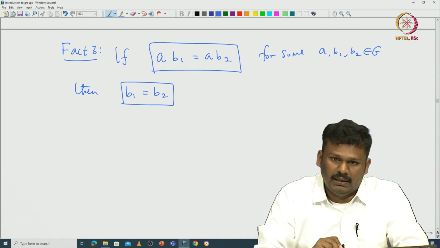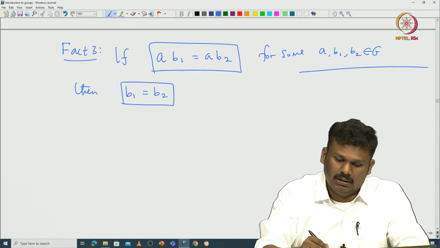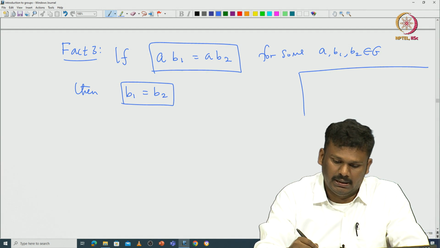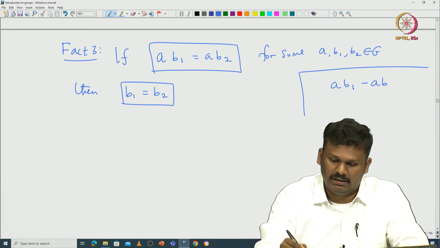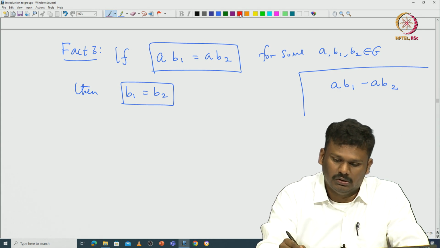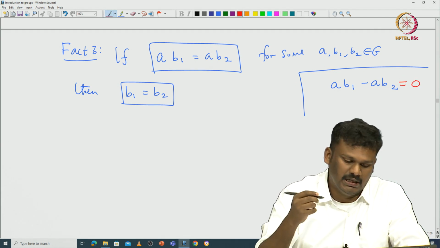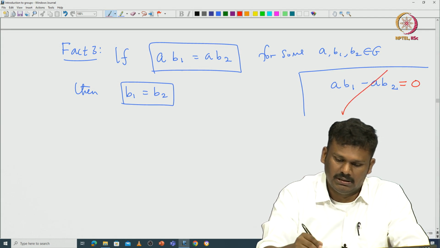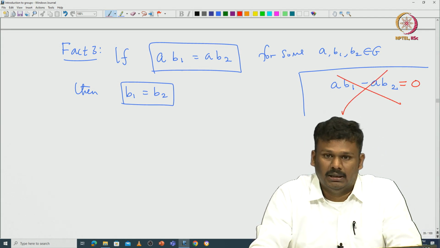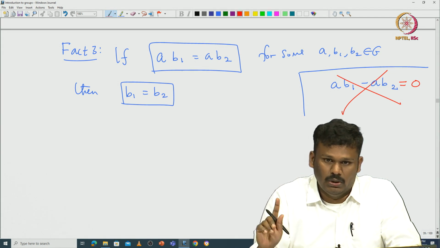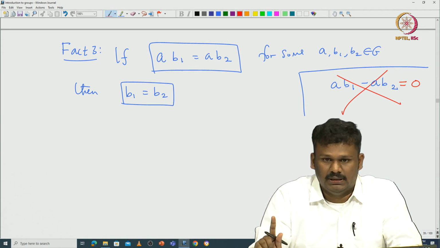So don't do anything crazy like this. You are not allowed to subtract something like this. Okay. So this is not allowed. This is what you do when you see a linear equation, but this is not happening here in the group, because we have only one operation, that is called the star.